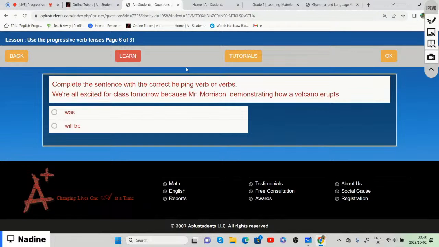So Mr. Morrison was demonstrating how a volcano erupts, or he will be demonstrating how a volcano erupts. And are we showing, is this in the present, past, or in the future?